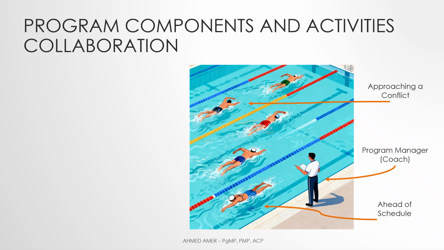Program components may follow their own distinct or tailored approaches for execution, such as specific agile or lean approaches. These approaches are typically intended to improve the overall effectiveness and efficiency for each project or component execution, and that's it.